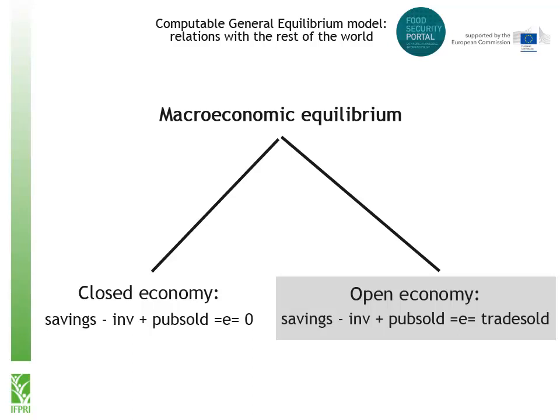So the first case, if you've got the positive external account, it's, for example, the case of a country where savings are very high, and so they are enough to finance private investment, but also the public deficit. And after financing private investment and the public deficit, there are enough savings to finance the rest of the world.